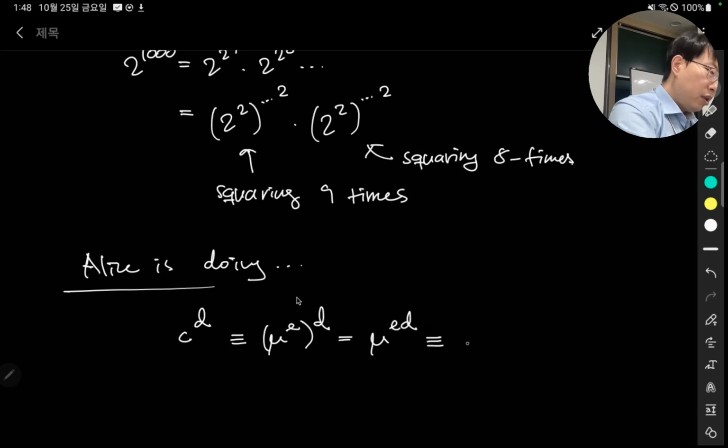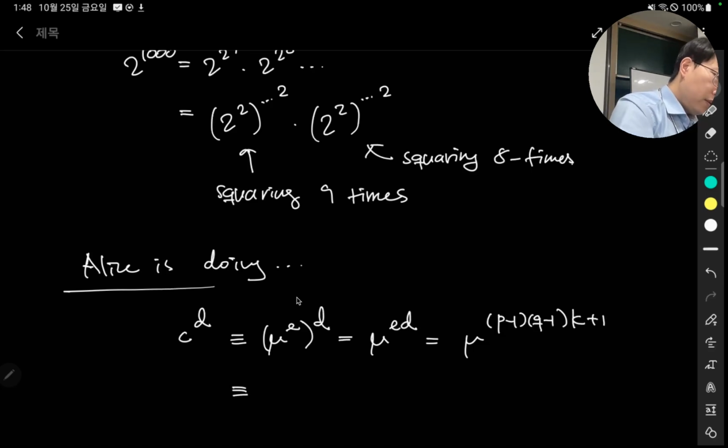And what we know about DE is that it is 1 modulo (P minus 1)(Q minus 1). So it's the same thing as (P minus 1)(Q minus 1) times K plus 1.